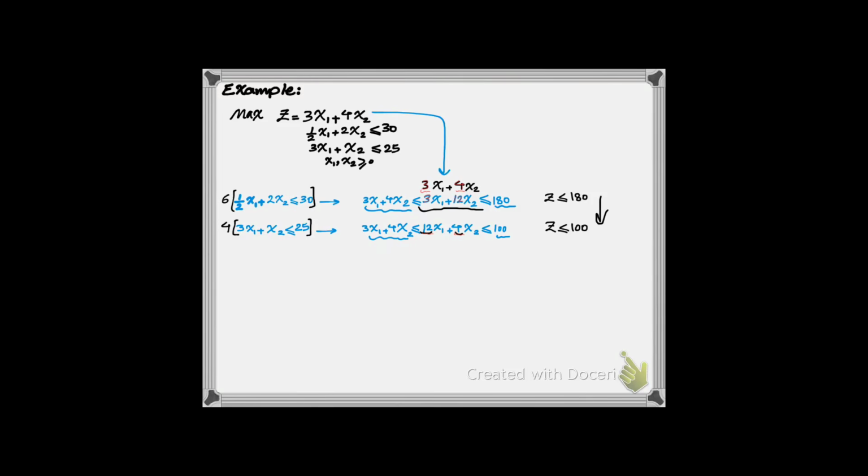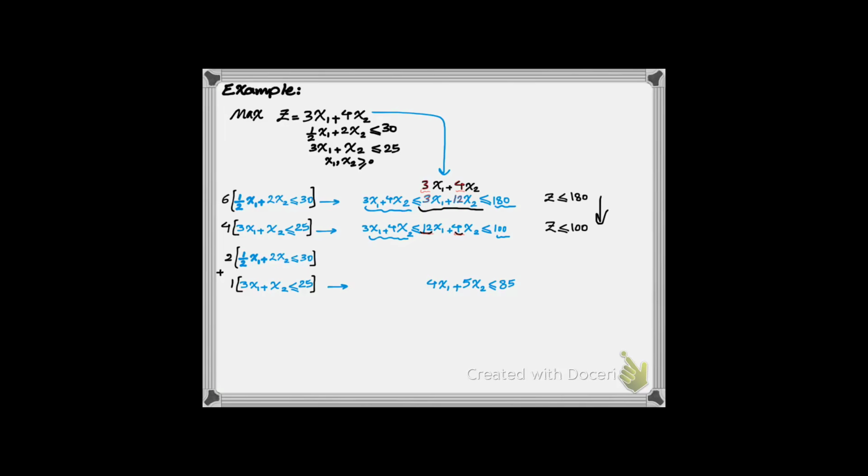So to achieve that, let's this time take a look at a linear combination of the first and second constraints of the problem. This time I multiply the first constraint by 2 and add it to the second constraint. Mathematically there is no problem with doing that, and the new constraint that we get is 4x1 plus 5x2 less than or equal to 85.